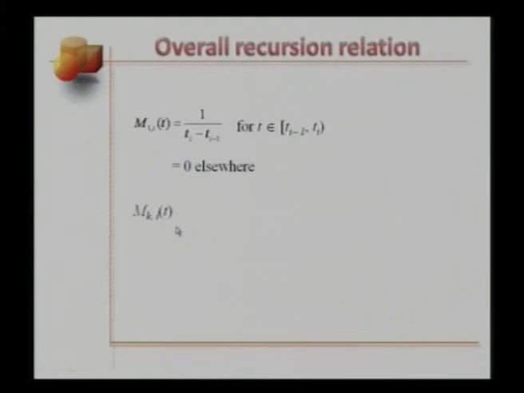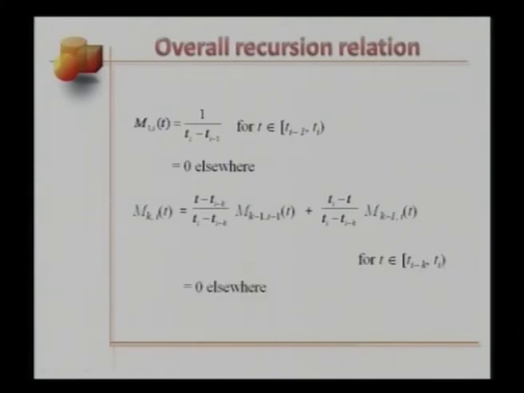And then Mki(t) equals, now you know how to remember this expression, (t minus ti minus k) over (ti minus ti minus k) times Mk minus 1, i minus 1 of t, plus (ti minus t) over (ti minus ti minus k) times Mk minus 1, i of t. This is for values of t in between closed ti minus k, comma ti open, and 0 for all other values of t.